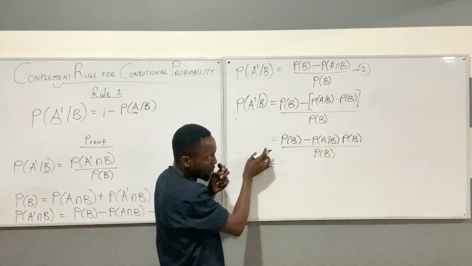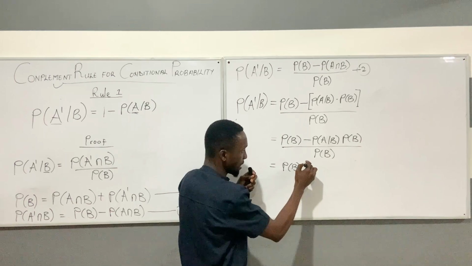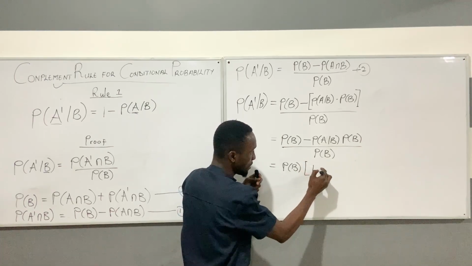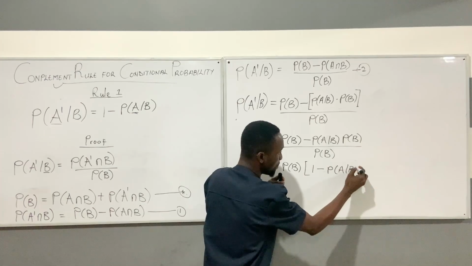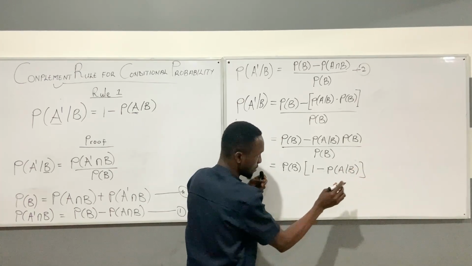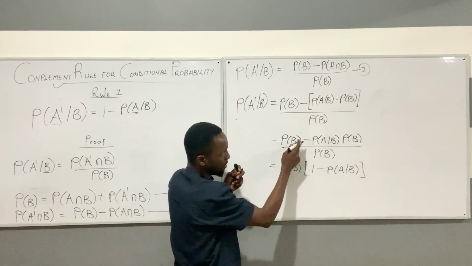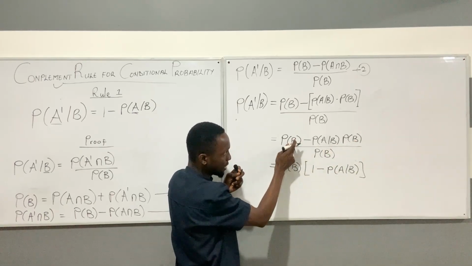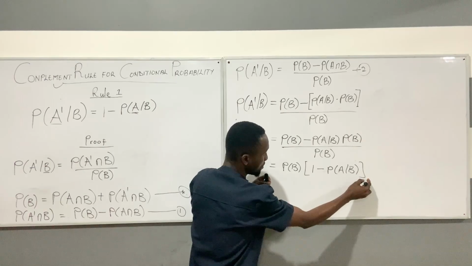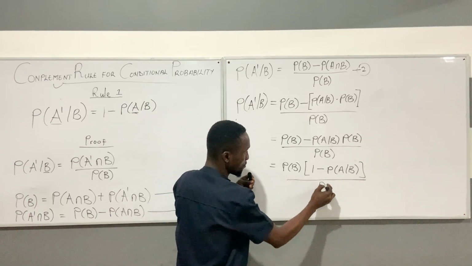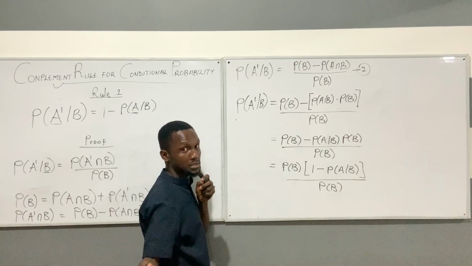So when we factorize one of them, we are going to get probability of B outside, 1 minus probability of A as B has occurred. Do you understand? When I factorize this one out, I'll be left with 1 here and this one here. So when we divide this, we are going to get probability of B.